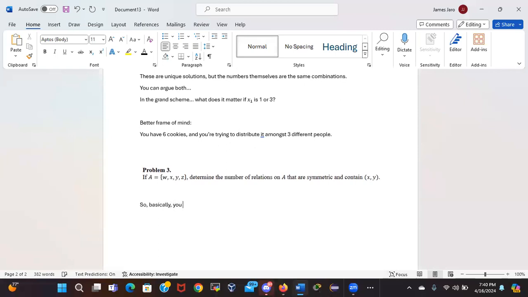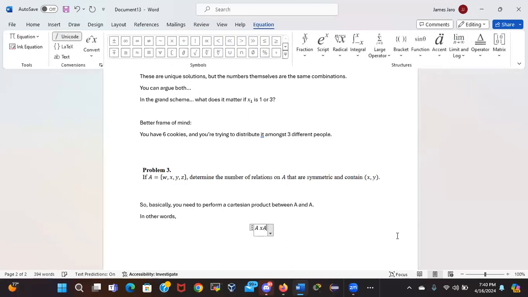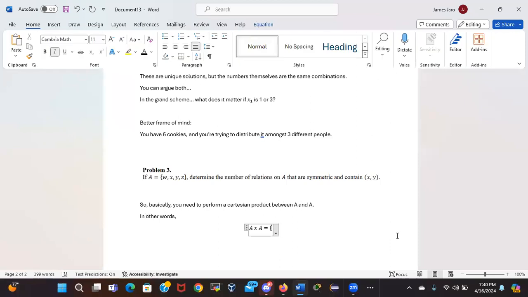What you need to perform is a Cartesian product between A and A, or in other words, what does A plus A turn into? Like what would that be essentially? So let's figure that out. Do you know how to do Cartesian product by any chance?